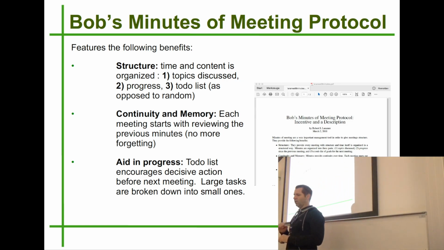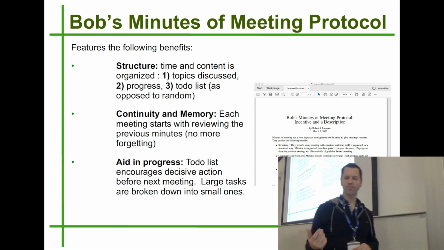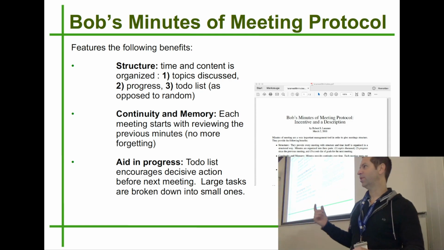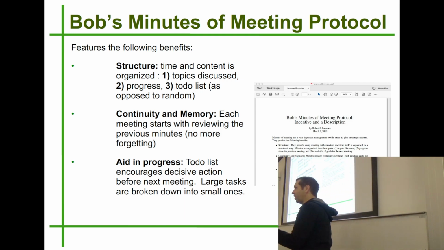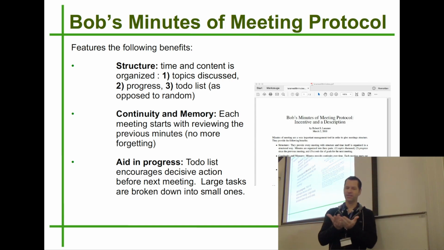So you're like, oh, how do I get started here? You're looking at the previous minutes of meeting protocol, and you're looking at the to-do list. Like, what was I supposed to do? What's my progress? What did we talk about last time? So every time you start a meeting, you're opening up the minutes of meeting notes from last time.